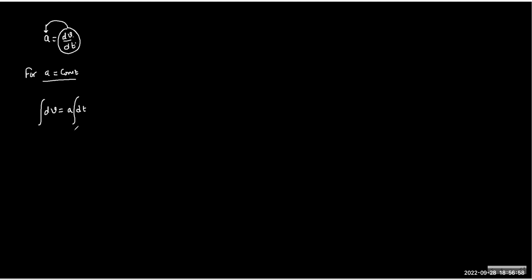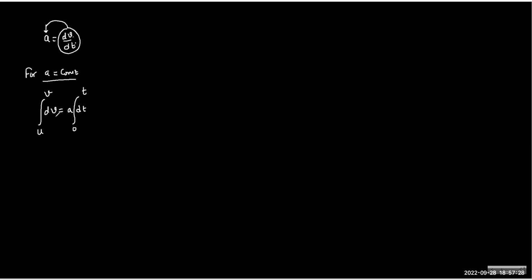When t is 0, the velocity you generally write as U. When t is t, you write a general value V. So U is called the initial velocity. When time is 0, the velocity of the particle we call initial velocity, symbolically U. And let's integrate.